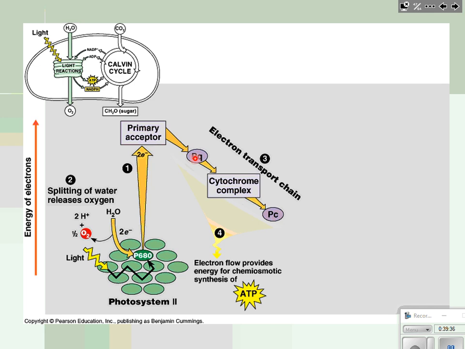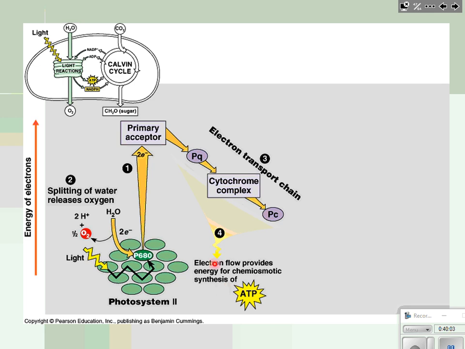And that flow of high energy electrons creates a proton gradient, just like it did in the mitochondria. And we're going to have eventually chemiosmosis, just like we did in the mitochondria. What's that going to do? It's going to produce a lot of ATP using the ATP synthase protein.